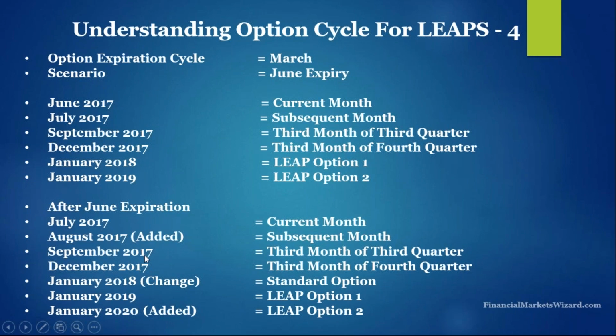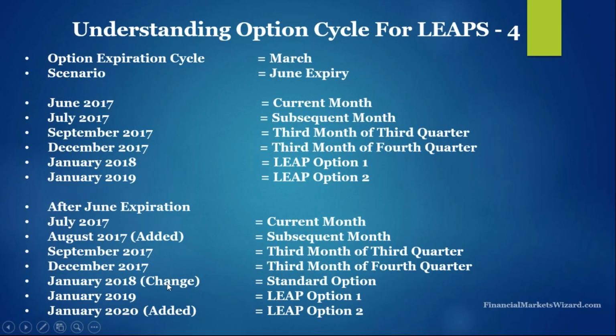And September was listed, no change. December was listed, no change. January 2018 will become a standard option, and January 2019, which was leap option 2, will become leap option 1, and they will add 2020 as leap option 2. I guess they are doing it here because it's coming closer. It's only 6 months left, so they are converting.